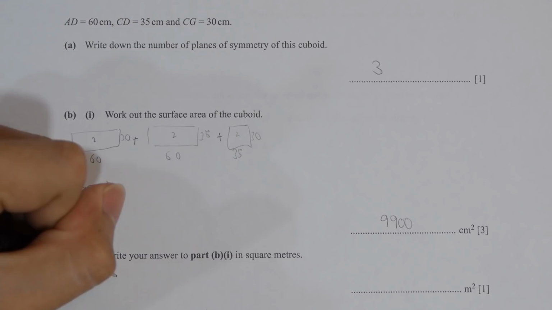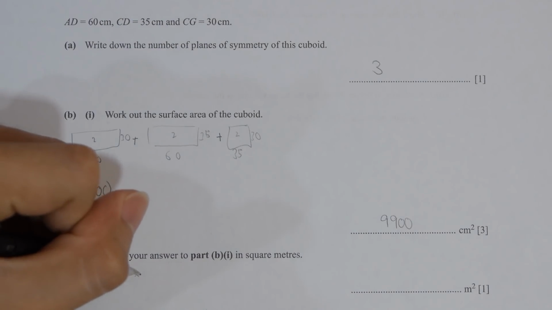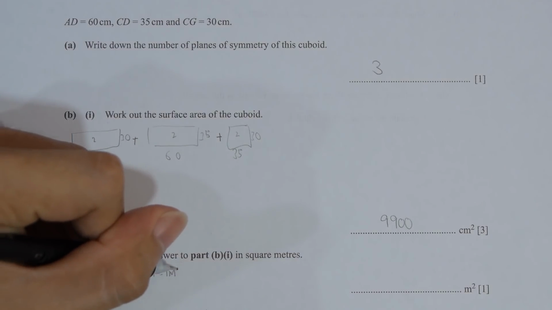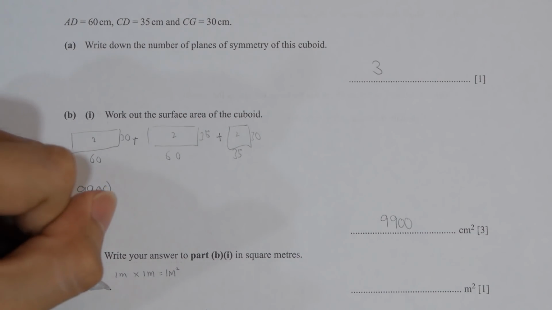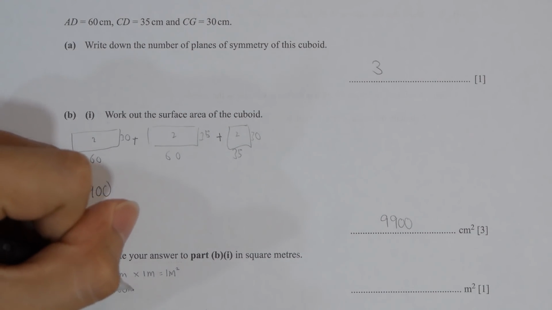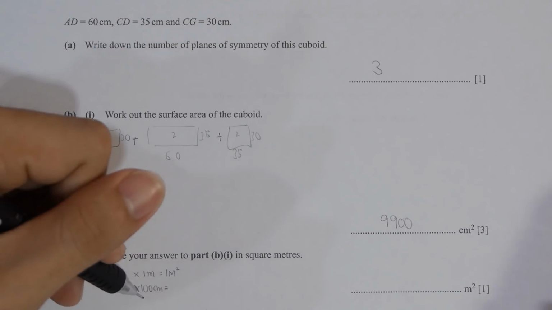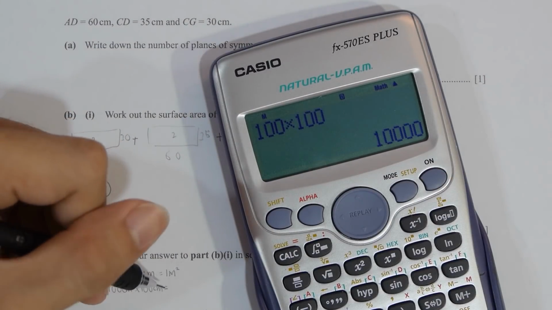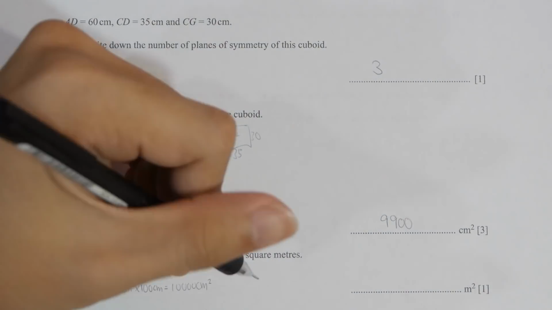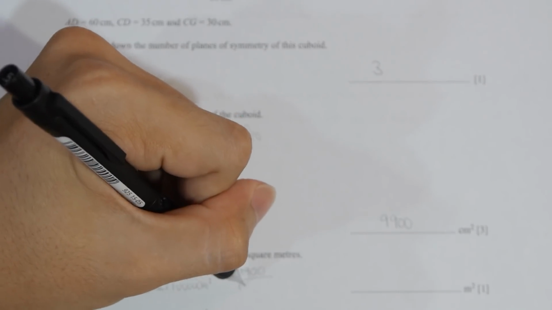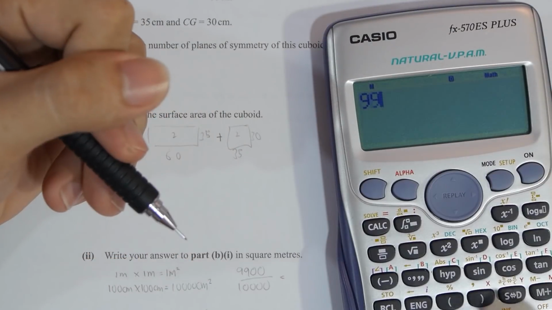To change it into square meters, I actually listed down the calculation at the side there. So 1 meter squared equals 10,000 cm squared. So 9,900 over 10,000, you get 0.99 meters squared.